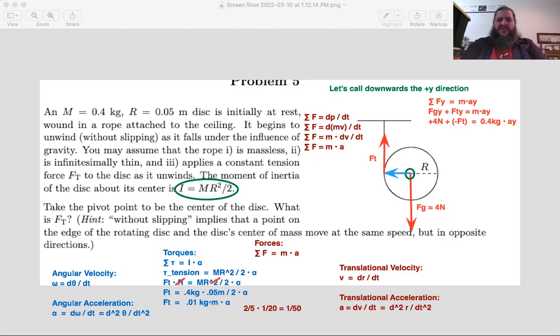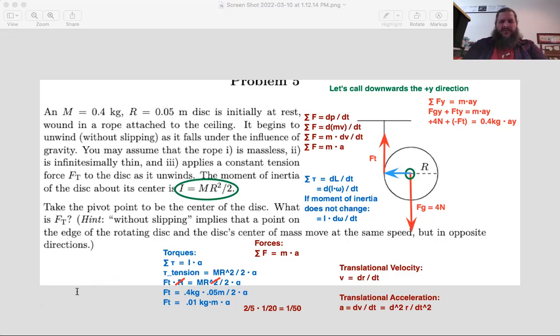But if the moment of inertia is constant, then this equals, again, we could pull out the constant multiplier and get moment of inertia times the rate of change of just angular velocity. And what do we call the rate of change of angular velocity? Angular acceleration. Right.